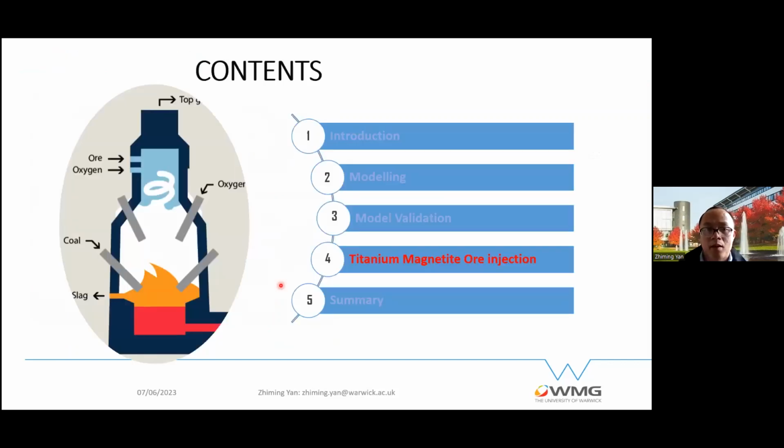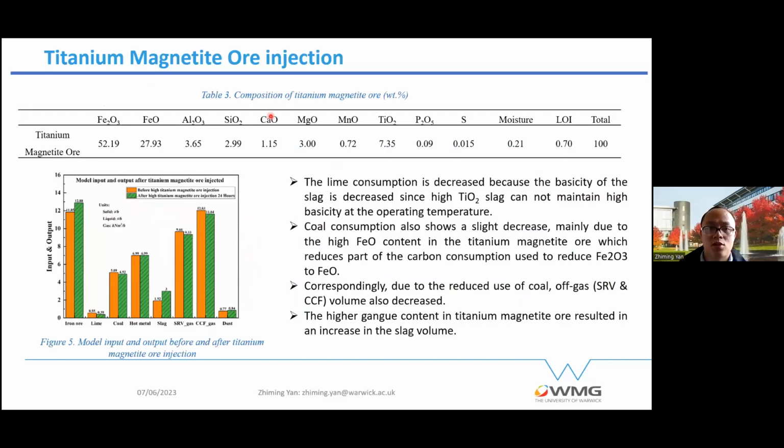And then after developing this model, we use this model to simulate the titanium magnetite ore injection. This is the composition of the titanium magnetite. We can see that we have 7% of titanium in the iron ore and around 30% FeO. This is the main difference, the FeO content and the titanium content. After the calculation, we can see the input and output difference.